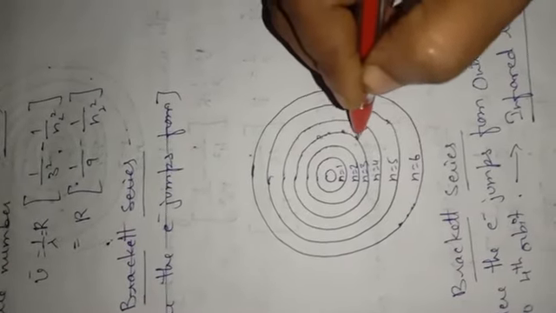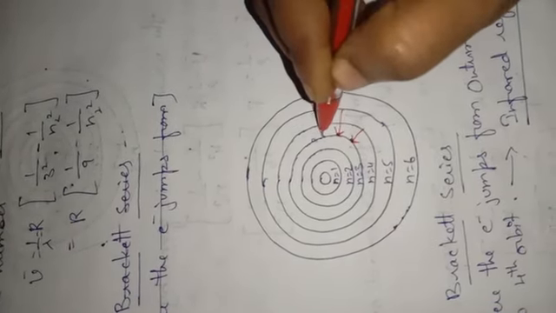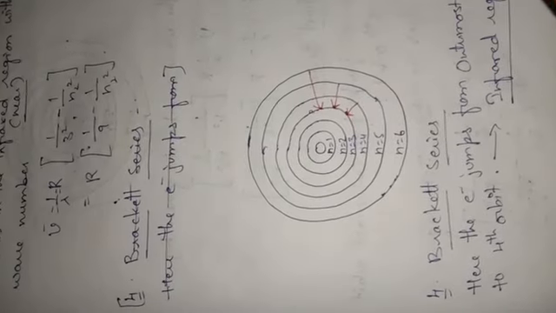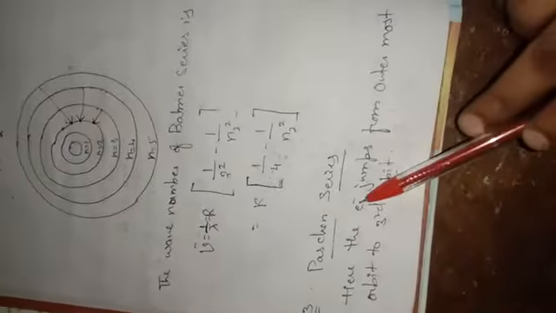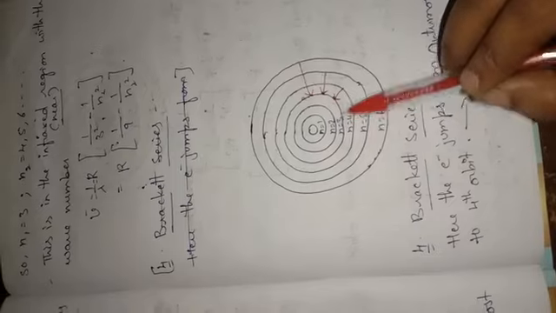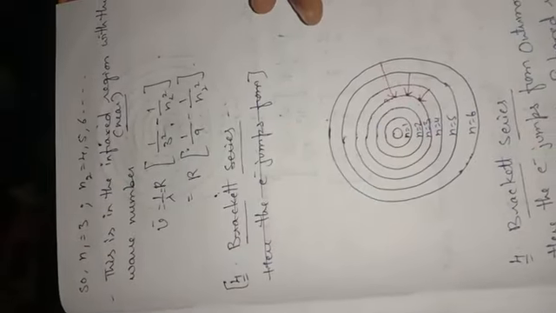From fourth orbit to third orbit, from fifth orbit to third orbit, and from sixth orbit to third orbit. So whenever the electron from the outermost shell jumps to the third orbit, we are going to get the Paschen series. So here n1 will be 3 and n2 will be 4, 5, 6 and so on.